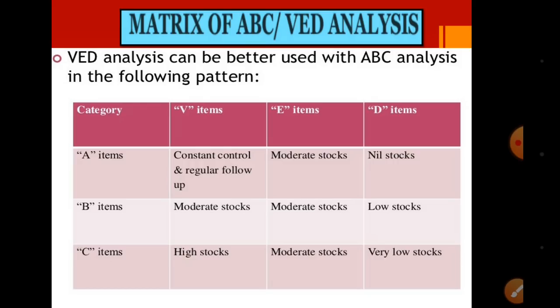BE items need moderate stock, and CE items also need moderate stocks. AD items, that is in A row but D column, should have nil stocks. BD items need low stocks, and CD items need very low stock.